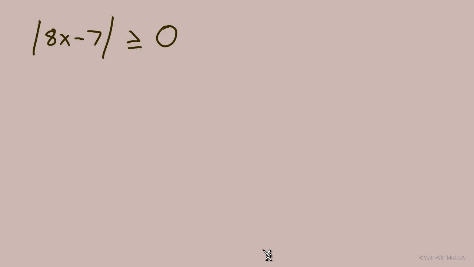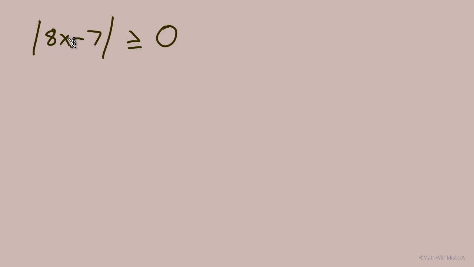So we've described some steps that will pretty accurately set us up to solve these absolute value inequalities, but there are still some basic facts that we should not forget about. Think about this inequality. Absolute value of 8x minus 7 is greater than or equal to 0.